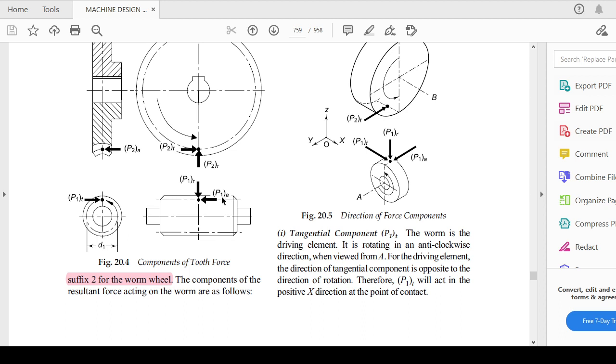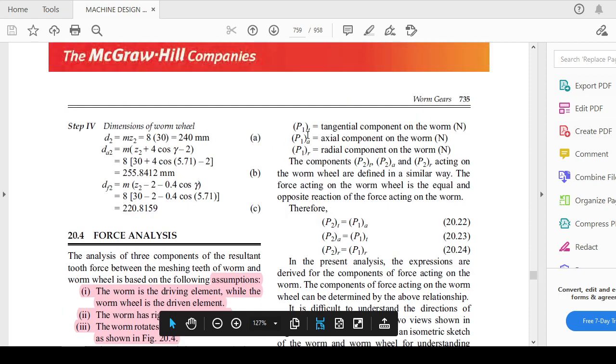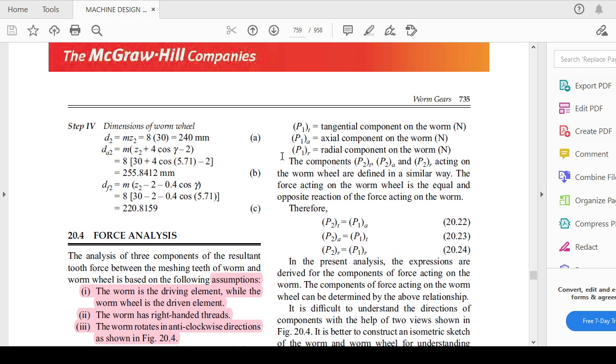load on the worm. The components of the resultant force acting on the worm can be written like this: these are the nomenclature P1T, P1A, P1R, the tangential, axial and radial components of the worm, and similarly P2T, P2A, P2R are the respective tangential, axial and radial components of the worm wheel. The force acting on the worm wheel is equal and opposite to the force acting on the worm.